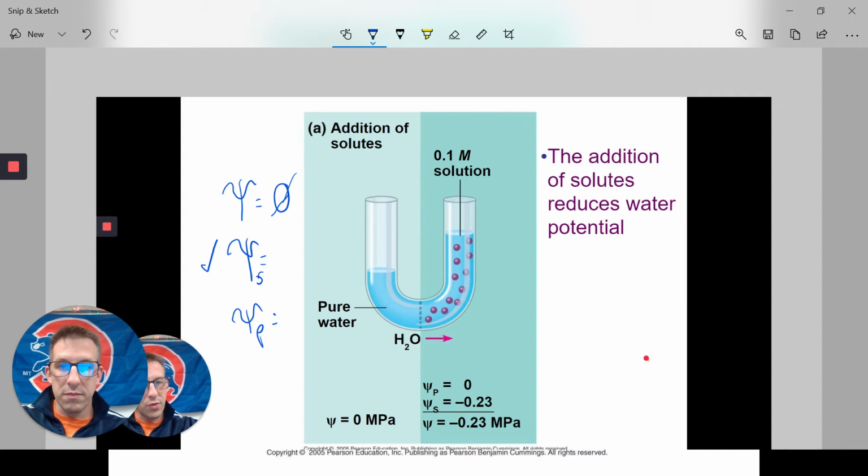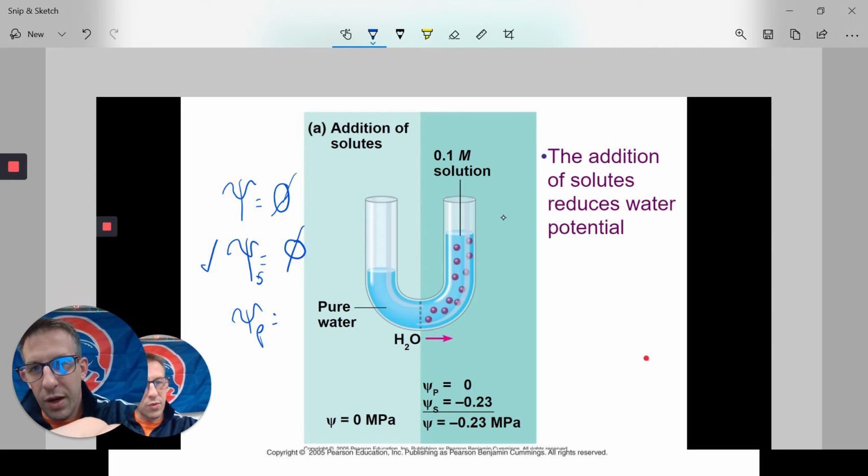If you answered solute, you were right. So if there is no solute in a water sample, the solute potential is 0. You have to have solute in something to decrease it, right? Because if we think about what solute potential is, there's a negative here. Okay? That kind of got lost.